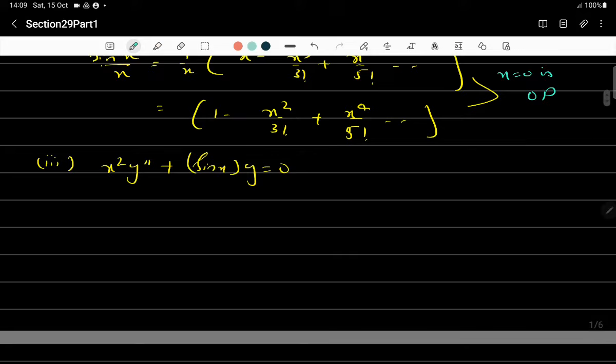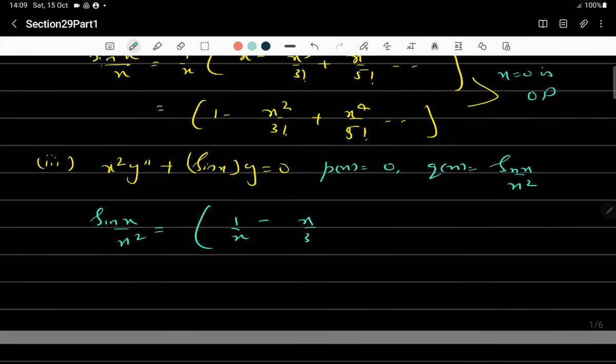The third case is p of x is 0 and q of x is sin x by x square. Now sin x by x square becomes 1 by x minus x by 3 factorial and so on. So it is not defined at x is equal to 0.